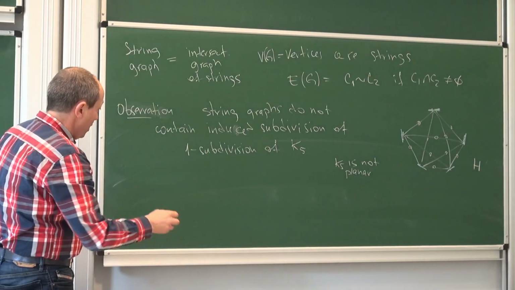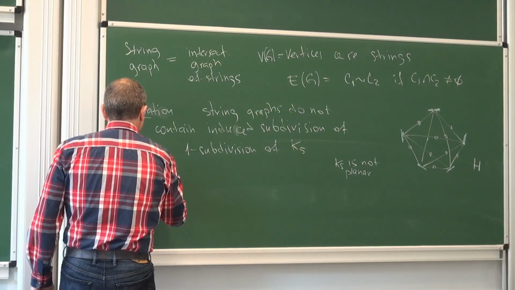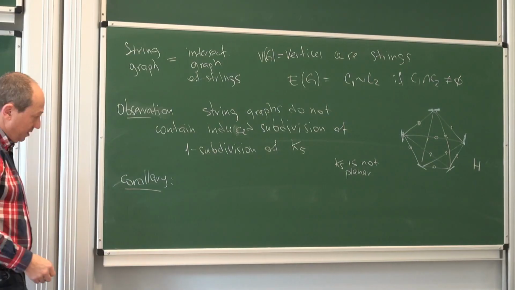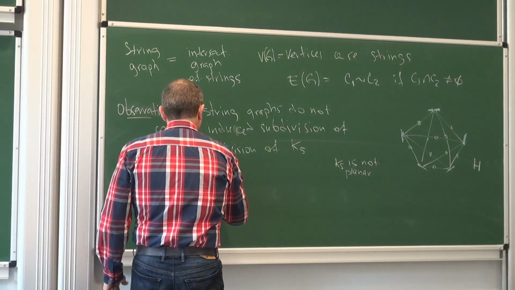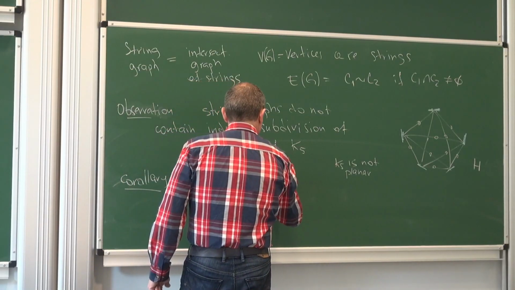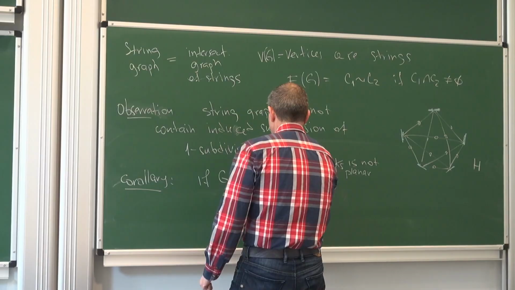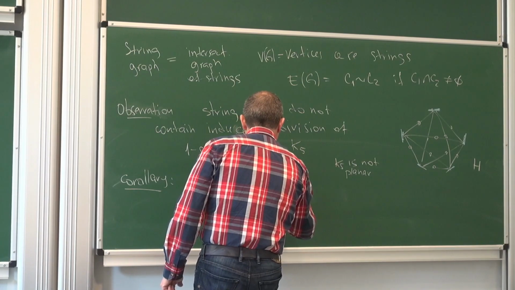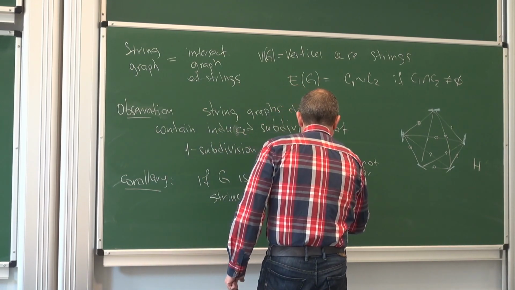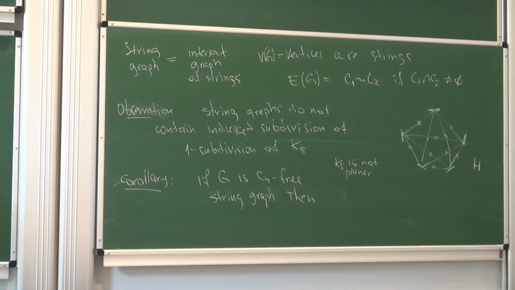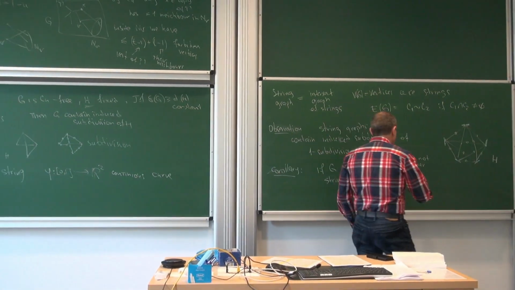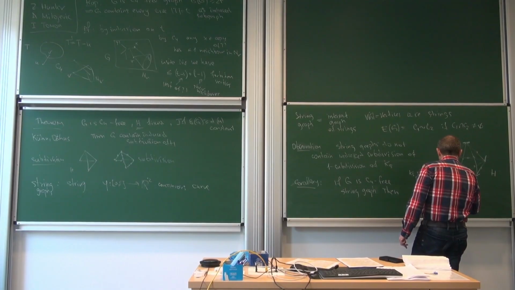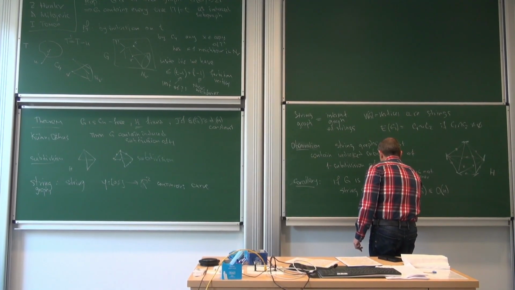And therefore, as a corollary, I will get a result of the type which people cared about, that if G is a C4-free string graph, then because of the result of Kuhn and Osthus, right, the number of edges in G is, right, n is the number of vertices in this top.